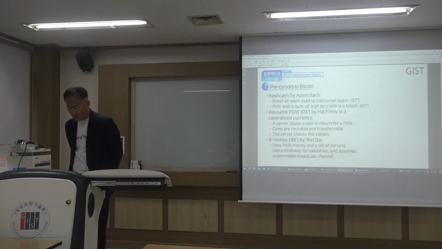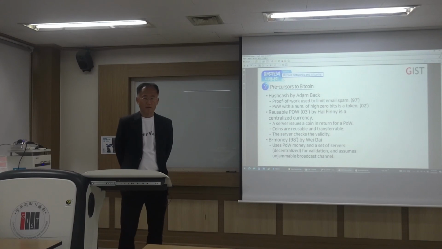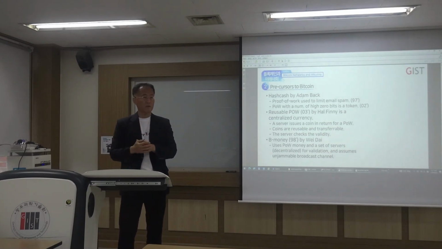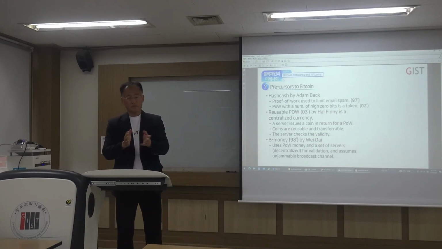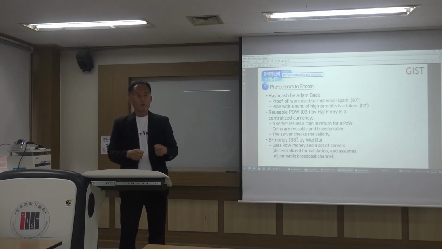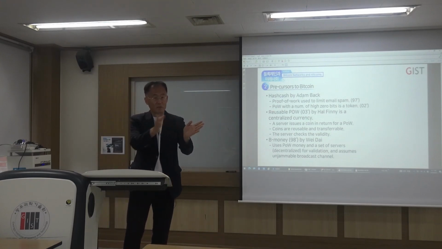And then you can use the nonce to find some good hash output. You can divide it into two parts, just like Bitcoin's POW. Basically, if we do that, then until you get a good hash output, you cannot send the email to this person. So the email spammer needs to do some work for each and every person.